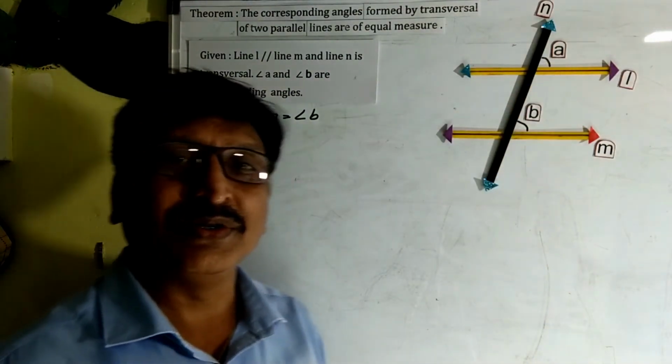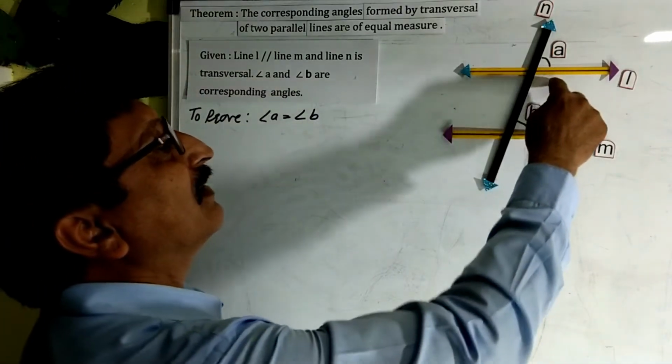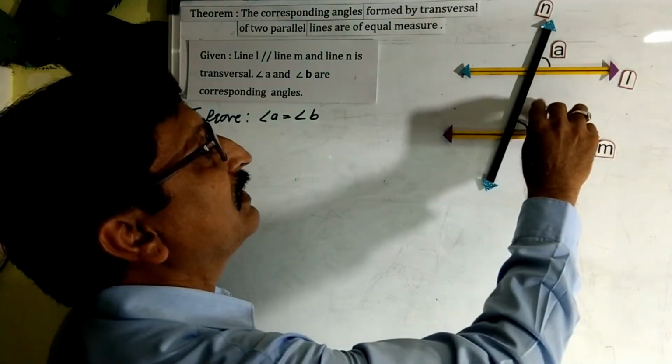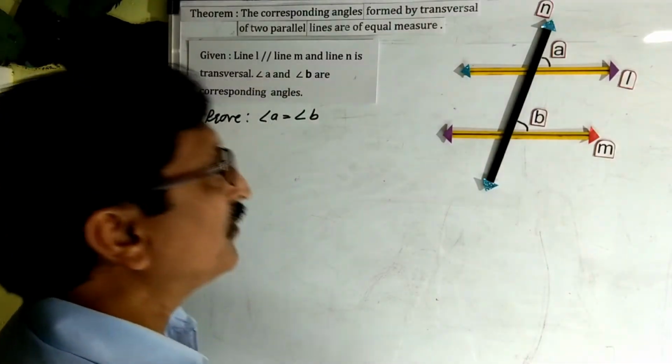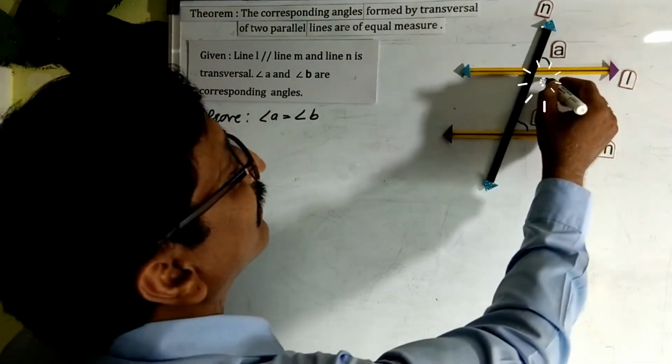But you know, students, the sum of interior angles is 180 degrees, and therefore you have to take one angle here. Which angle?